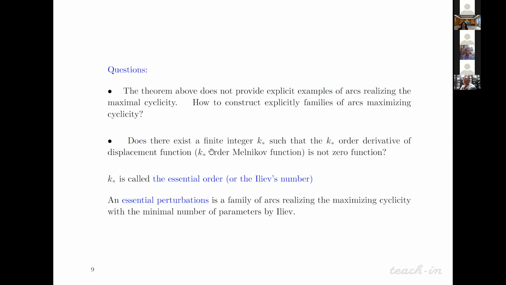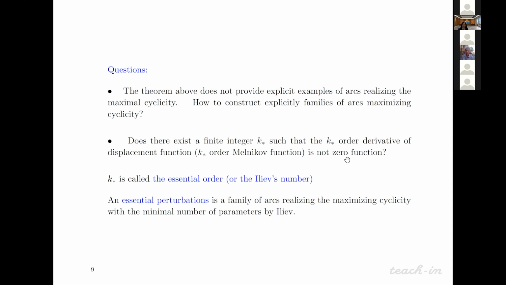Does there exist a finite integer k star such that the k star derivative of the displacement function is not a zero function? That means the k star Melnikov function is not the zero function.